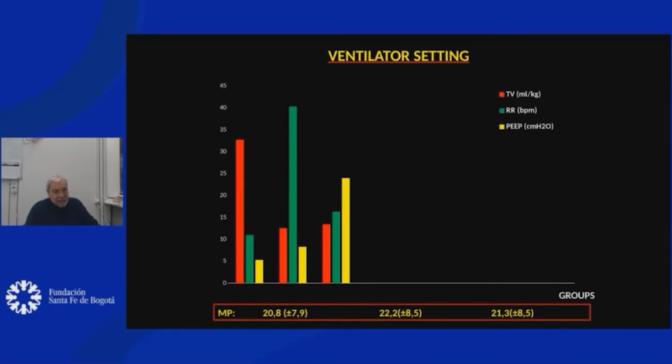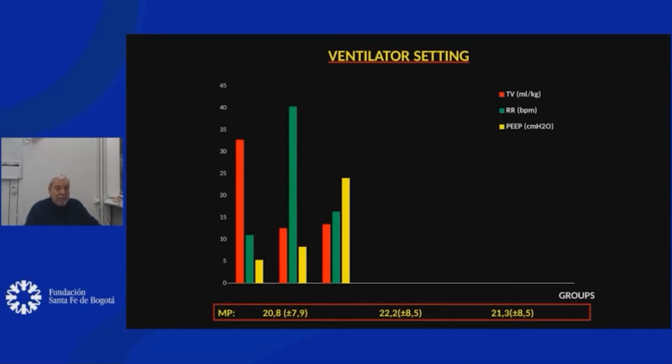In these peaks, the mechanical power was reached mainly with a very high tidal volume, 30 milliliters per kilo, with the PEEP, which is quite normal, 5, and respiratory rate around 10. Here we have respiratory rate around 40, tidal volume low, 10, and PEEP 6, 7.